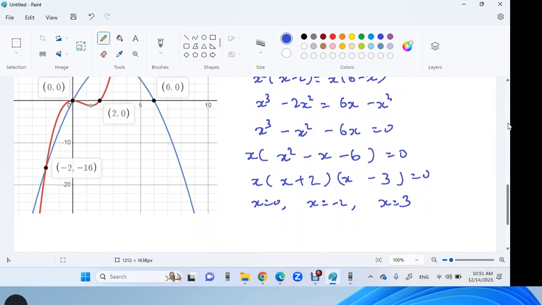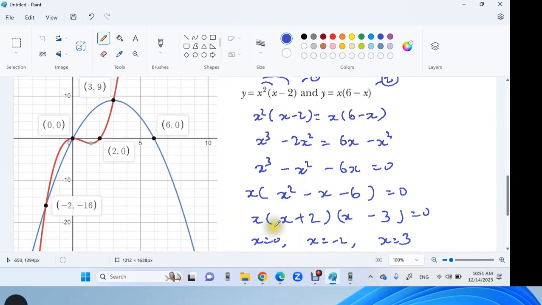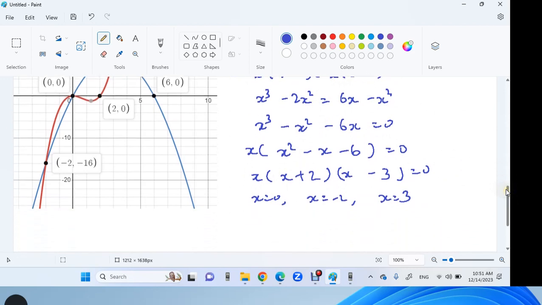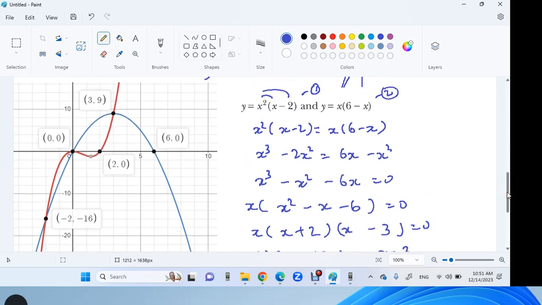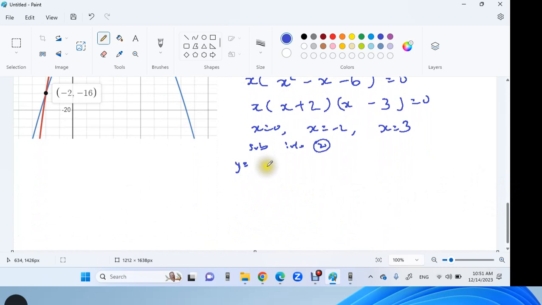So we substitute the x values into equation 2. So y equal to x(6 minus x): 0, 6 minus 0; negative 2, 6 minus negative 2; and then 3, 6 minus 3.